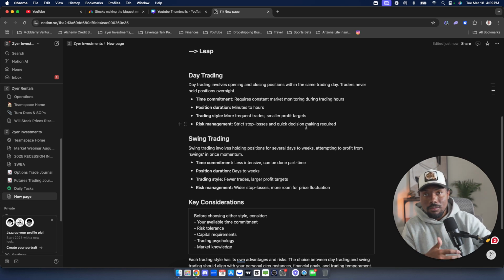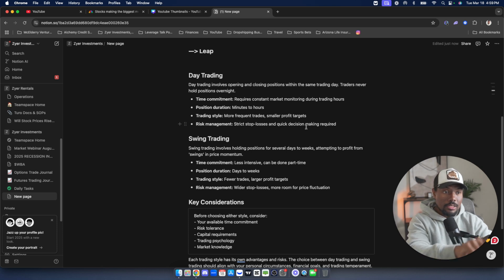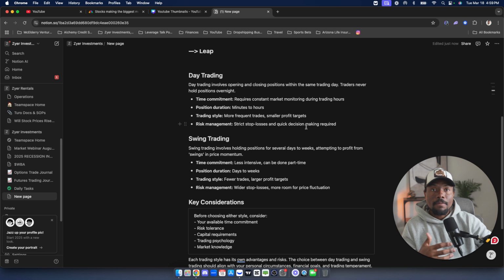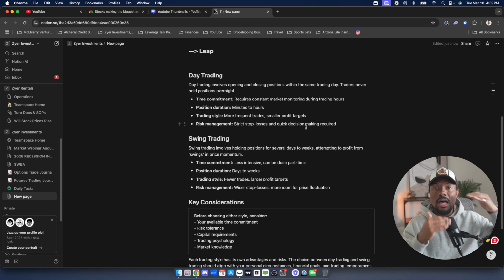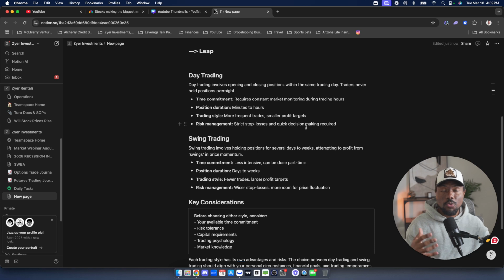Okay. Small profit targets. Yes and no. Because the trade is so short, you can make a lot of money in a small period of time, but it might be a very small movement. So the stock might only move $3, $4 in the trading day. However, because you're trading a certain way, whether it's options or futures or whatnot, in this particular example I'll use options.